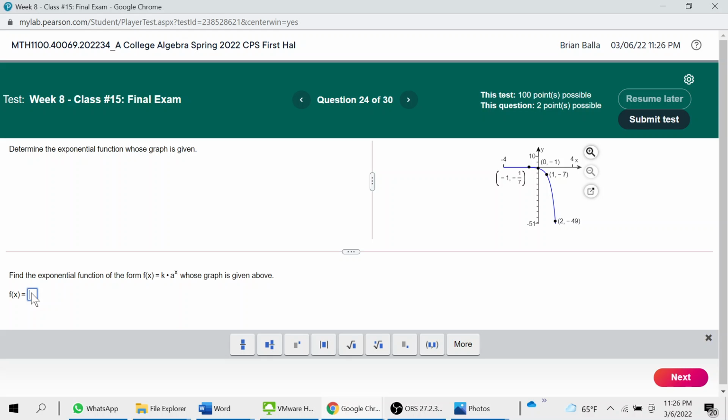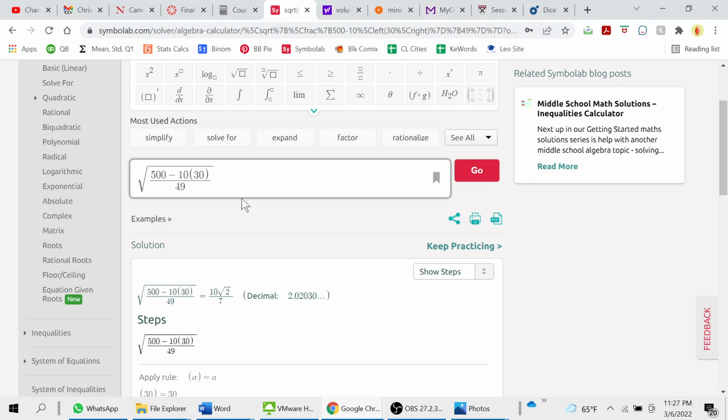Exponent, L1, L2, domain again. Okay, let me try another one. Jesus. Power, L1, L2. Okay, you know what? I'm just gonna do it manually then. I don't know what's wrong with my calculator. It's acting ridiculous.